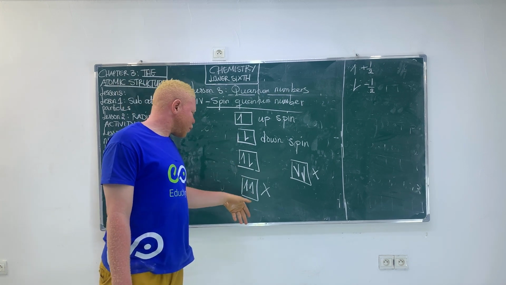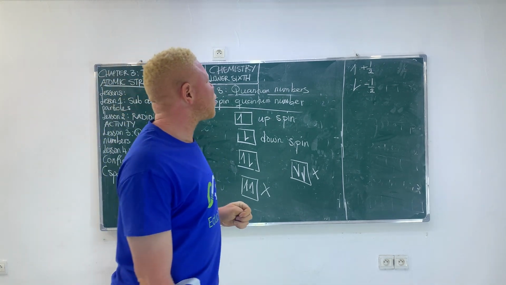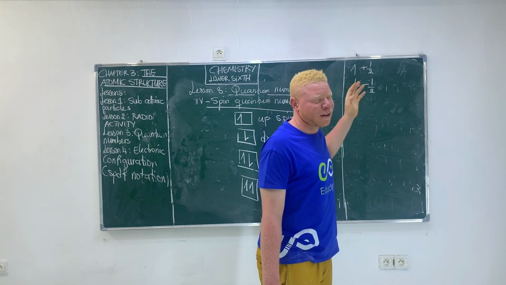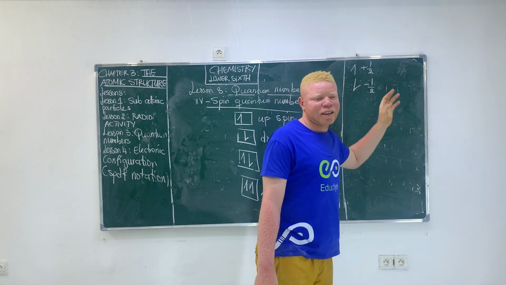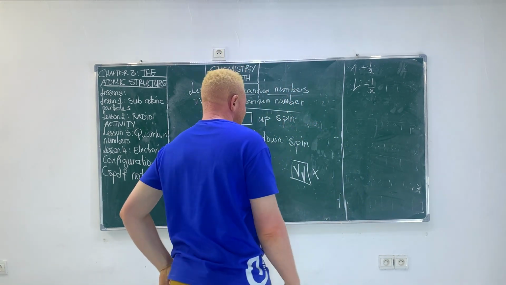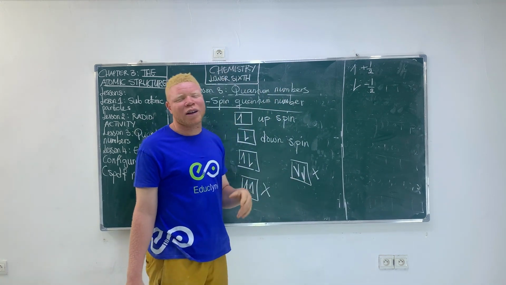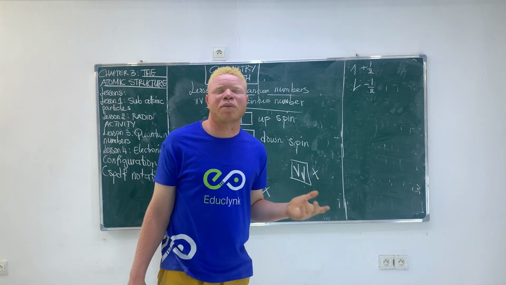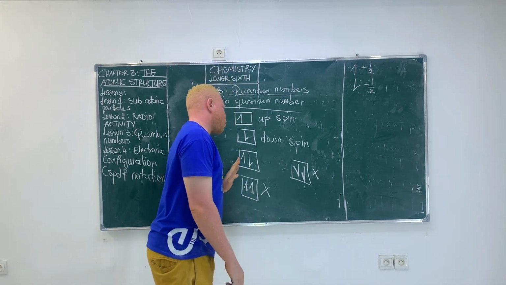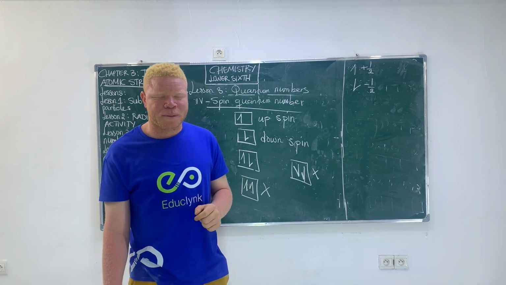If both are up, we have plus half times plus half. The plus charges are similar charges, so they repel each other. Or we have the down spin, which is minus half. But minus half and minus half will repel, because like charges repel. But the correct orientation of electrons is one electron is up spin, the other electron is down spin.